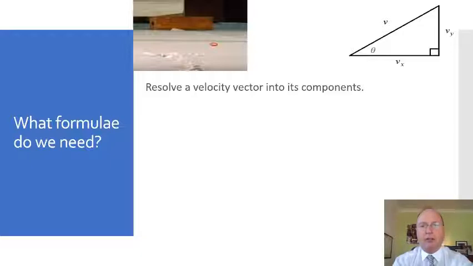And the horizontal velocity component, vx, you can also see on the triangle. And we need just a little bit of basic trigonometry, and we can see that vx equals v cos theta. So the horizontal component of velocity is the magnitude of the velocity vector times cos of the angle. Similarly, we can see vy equals v sine theta.